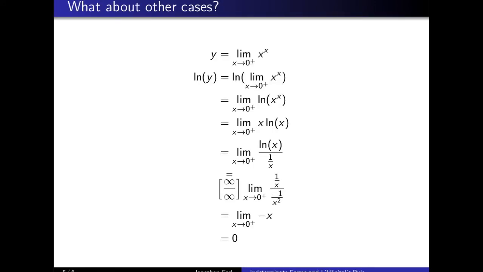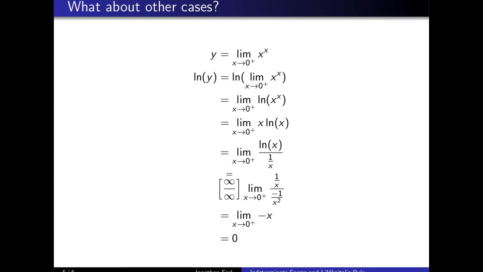Okay, well now what about if we have a base and an exponent as well? So we have, in this case, the limit as x goes to 0 from the right of x to the x. Well, the first thing that we're going to do is we're going to say, let's let y be this value. So we'll let y be the value of the limit as x goes to 0 from the right of x to the x.